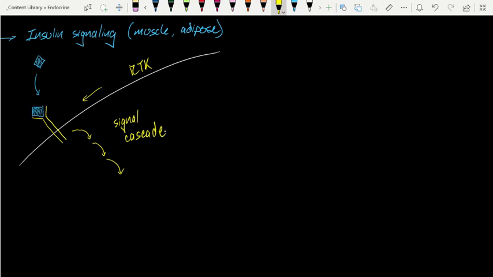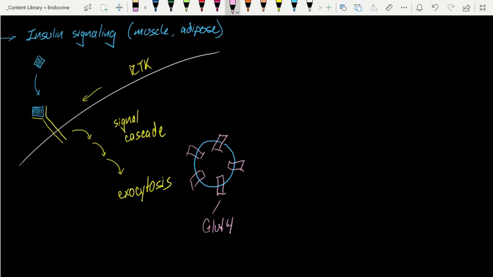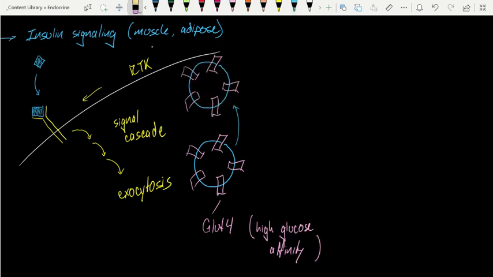And while we haven't completely worked out all the minutiae of this signaling pathway, what we know is that this is going to lead to exocytosis. So we have exocytic vesicles, and these vesicles are preloaded with a carrier called GLUT4. And this transporter, of all the GLUT members, has a high glucose affinity. So when this vesicle is exocytosed, we'll see fusion of the two membranes, and that's going to lead to the expression of GLUT4 on the surface of the cell.